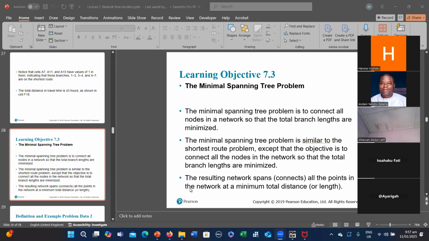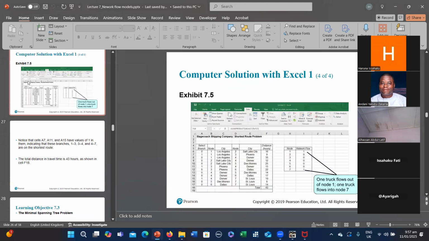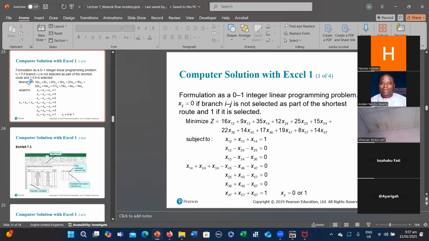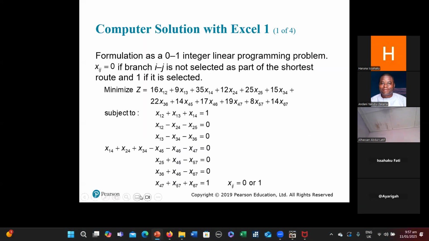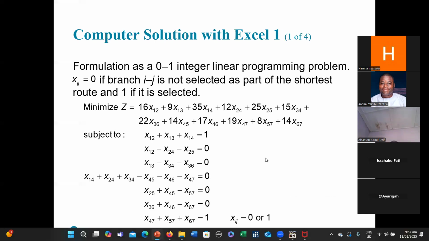So under the constraints, I told you that you want to understand why some are negative, some are positive. Those that are positive are those that are flowing to the destinations. Those that are negative are those that are flowing out of the destinations or the nodes.